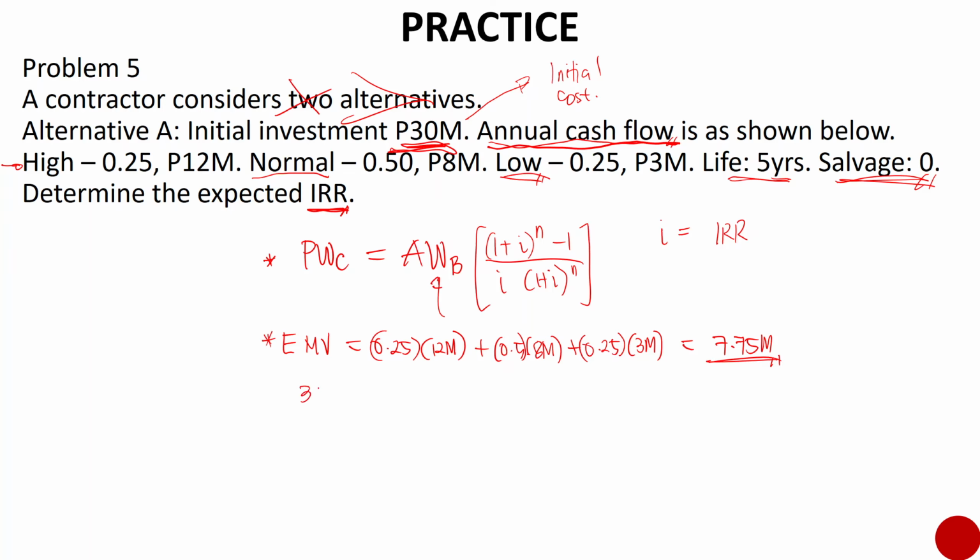And we just equate them. 30 million is equal to 7.75 million, actually this can be cancelled, times 1 plus I raised to 5 minus 1, all over I times 1 plus I raised to 5. For this one, you may use trial and error.